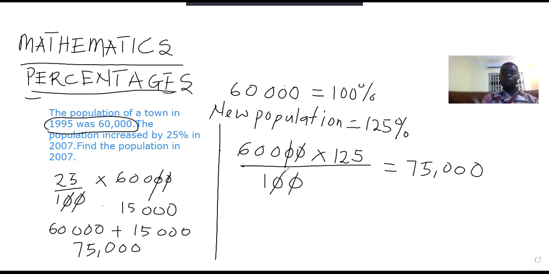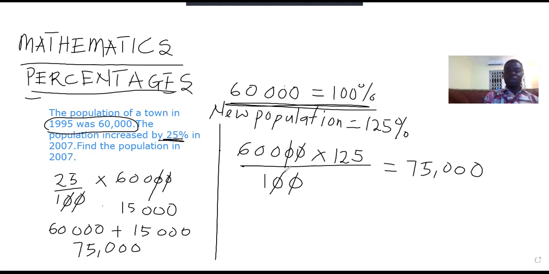Using proportion, have it in mind that always the original population, the original price, the original quantity should be equivalent to 100%. Take note of that. Then when it is under percentage increase, the new price, the new quantity, the new population should be equal to 100% plus the percentage increase.